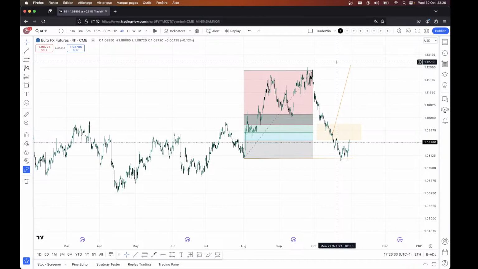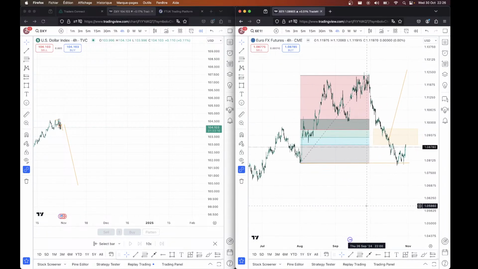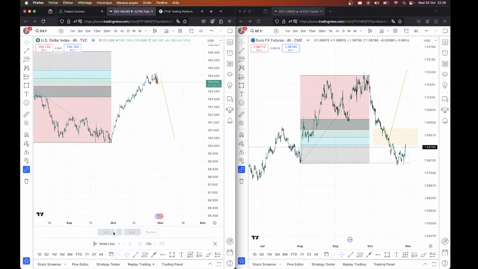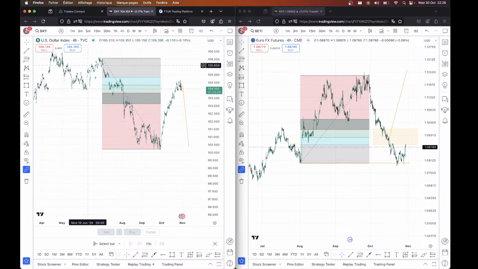So here I'm okay with the fact that it's quite complicated to see what to do. That's why I always combine this with what's happening with DIX. With DIX, the trend is extremely clear for me, at least.